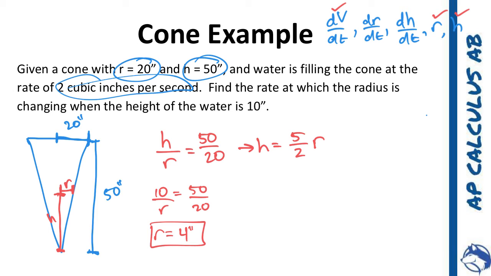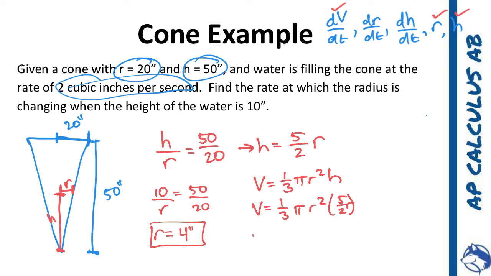So if I go ahead and replace my h with these r's, my new volume is equal to 1/3 pi r squared h. If I replace my h, I'm going to get the volume is 1/3 pi r squared times that 5 halves times r.